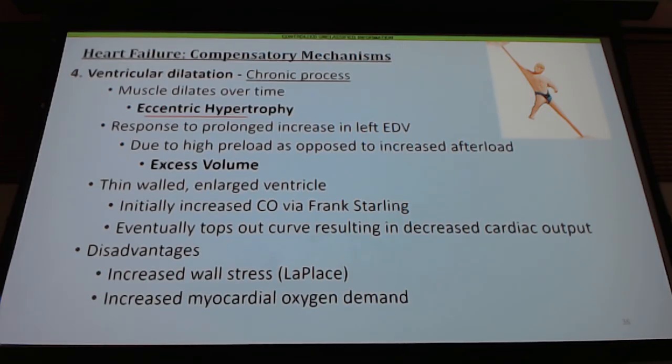But unfortunately, think of this as a rubber band that gets stretched too far, and it's not going to rebound back to its normal size. It's just going to be stretched out, floppy, and maybe not be useful anymore. And that's what can happen to the myocardium if they rely on this to deal with that extra volume.